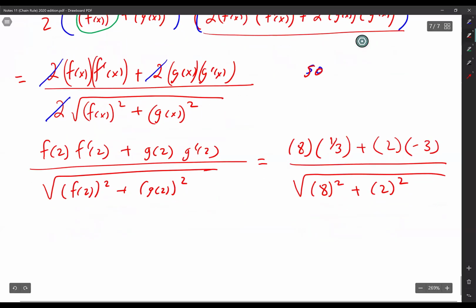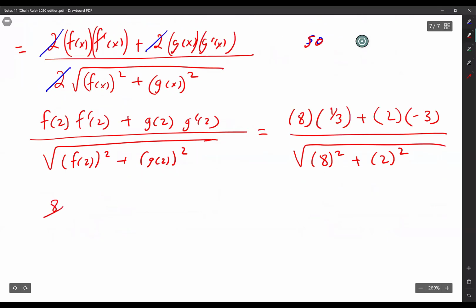Should we try to figure it out? Probably, right? All right, let's try to figure it out. 8/3 minus 6. We'll figure that out in a little bit. 8 squared is 64. 2 squared is 4. So square root of 68. That breaks down to 4 times 17.